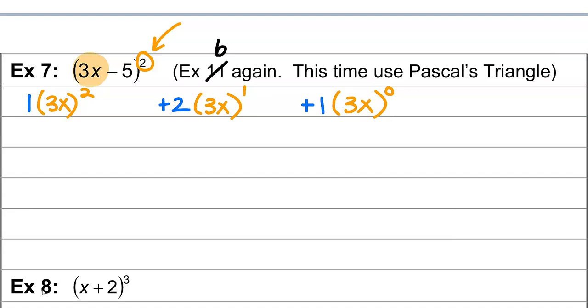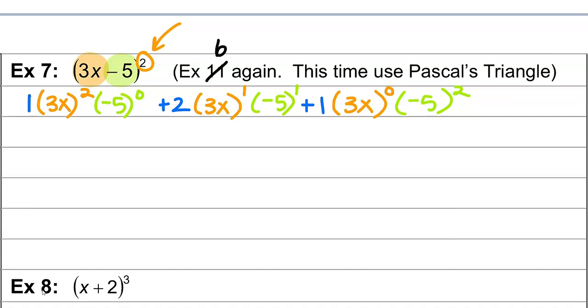Then we repeat the process with minus 5. You multiply all these by negative 5 this time, and raise those to powers, but instead of starting at the highest power, you start at the lowest one and count up 0, 1, and 2.